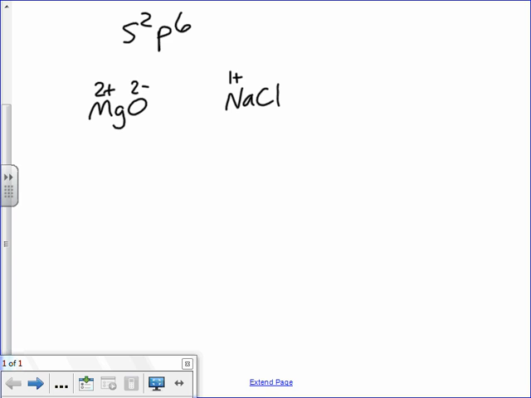What charge does chlorine have? 1 minus. So if you had to guess which one of those is going to stick together with a greater force, which one would be harder to pull apart, which one are you going to say? Yeah, the one that has the 2 plus and the 2 minus charge, right? Because that's a higher charge. So these things are probably attracted to one another with a greater force.